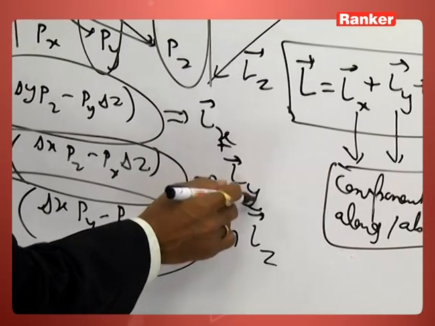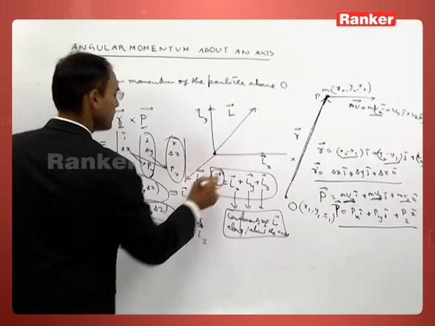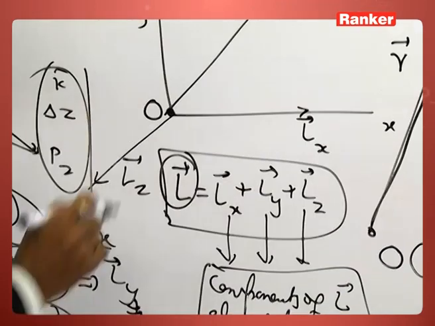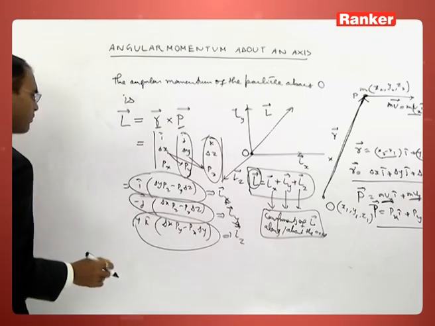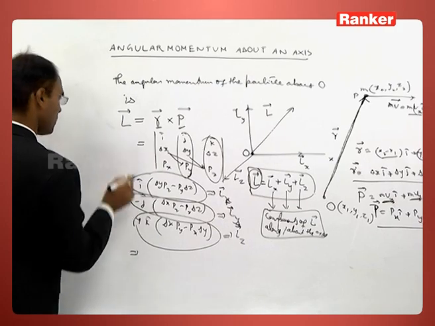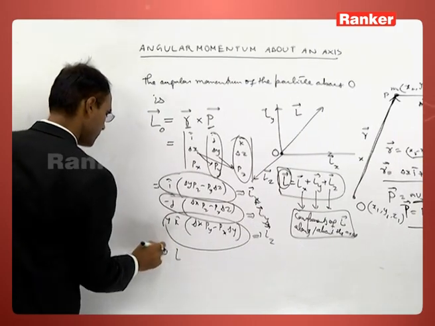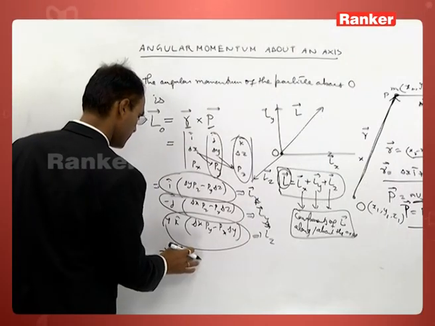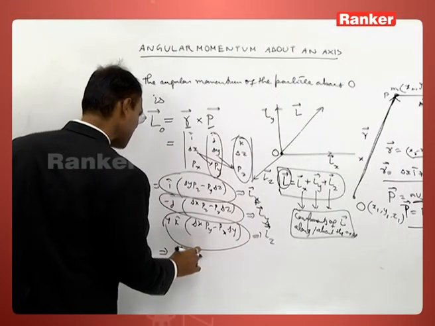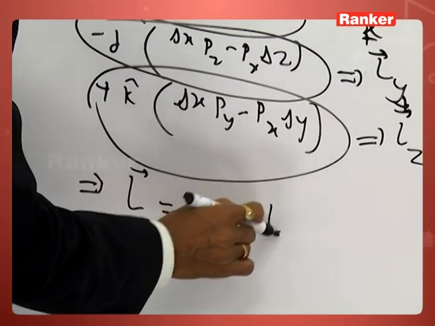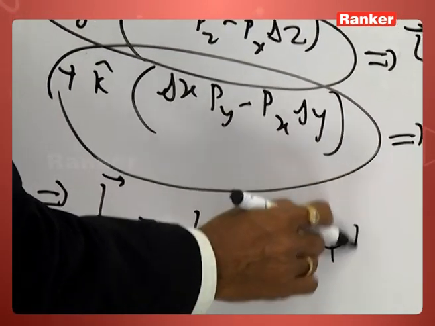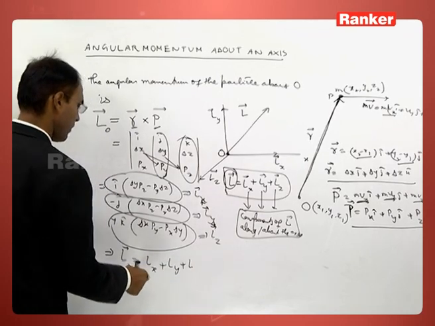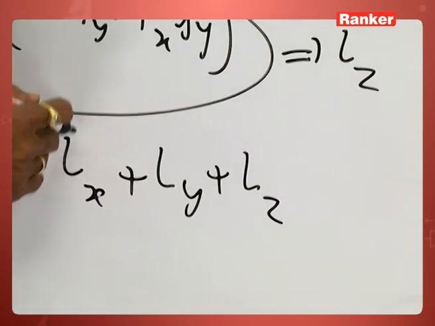And when you add these three components, we are getting the net angular momentum measured with respect to the given reference point. Therefore, the angular momentum about a point can be written as the sum of angular momentum components about or along the respective axis.